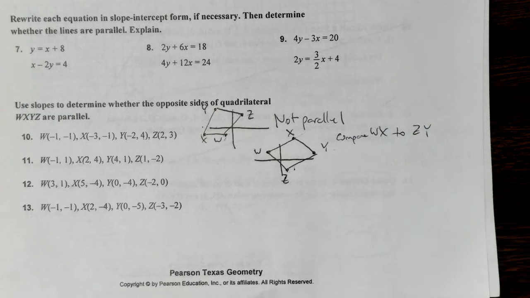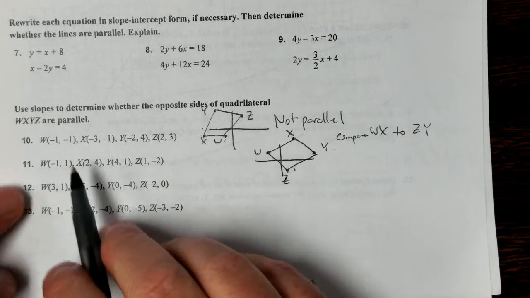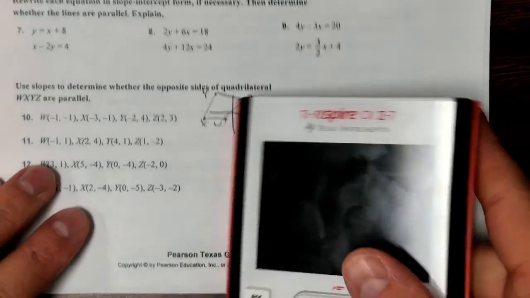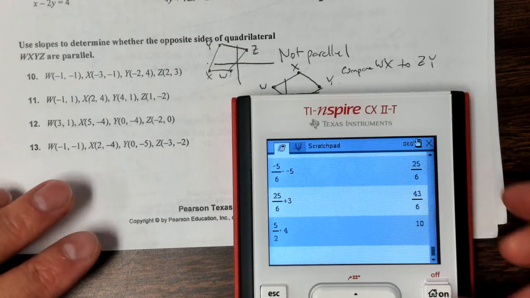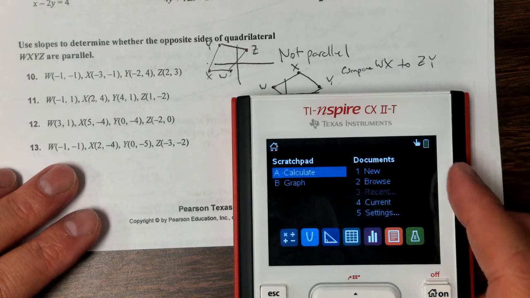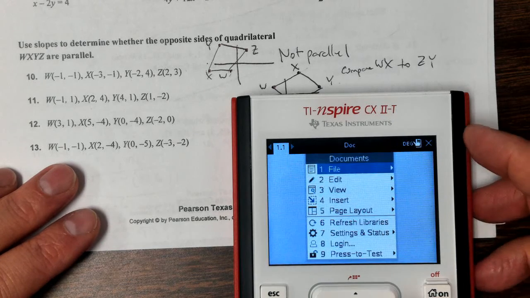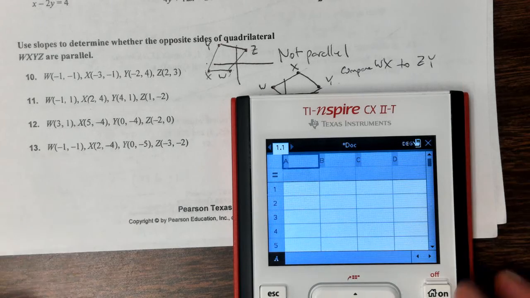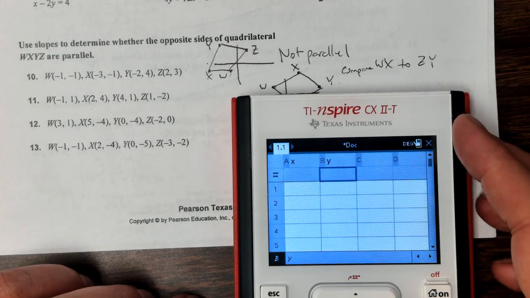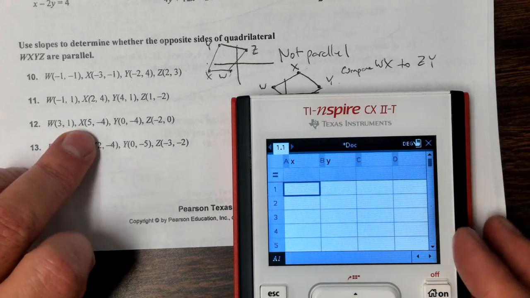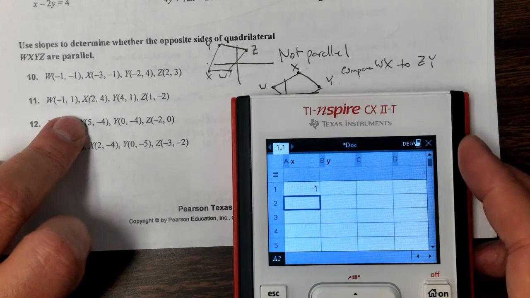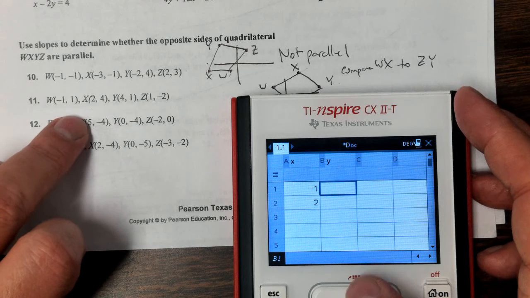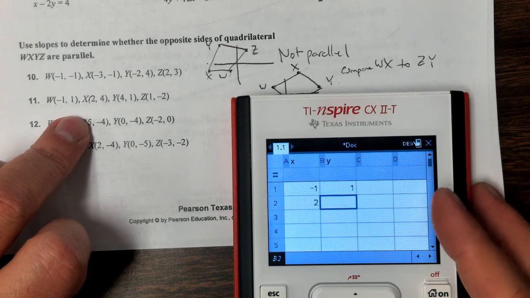So for the slope of wx, get your slope from the new document, list and spreadsheet, x there, y there, negative 1 and 2, and then 1 and 4.